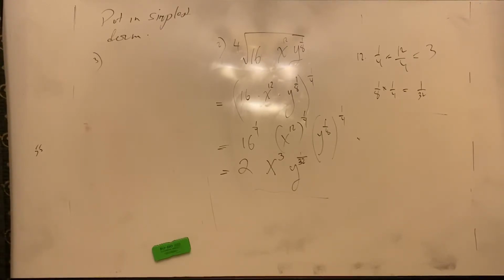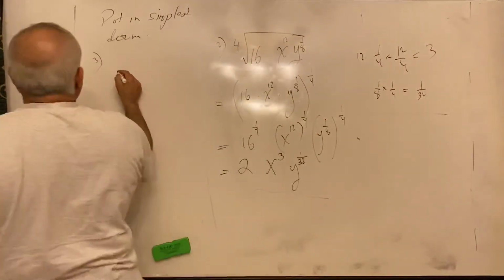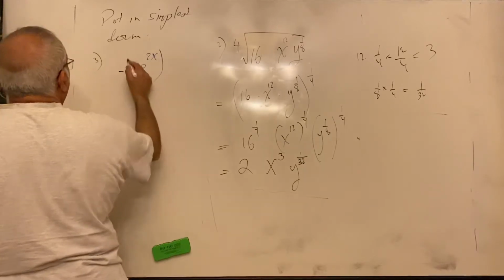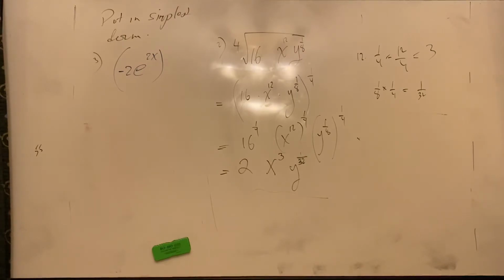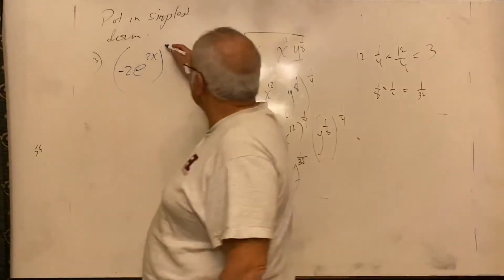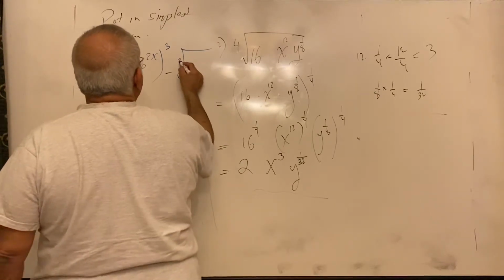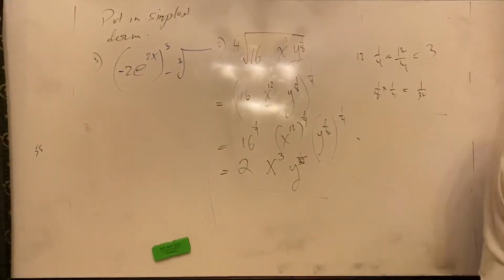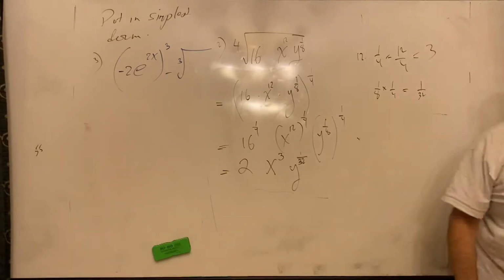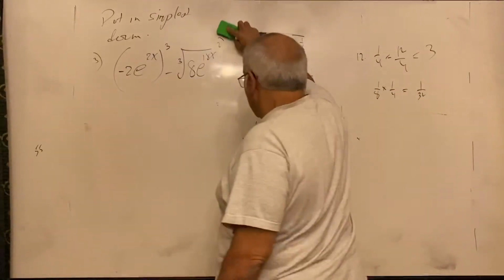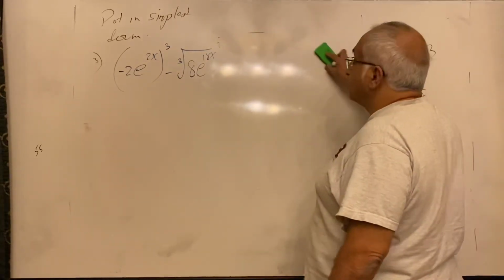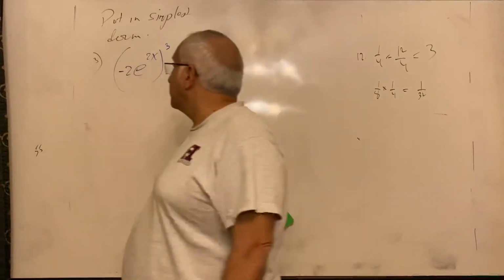That's a good one: minus 2e to the power 2x, all cubed, minus the cubic root, or the third root, of 8e to the power 18x. Let's try to simplify that. We already have all the rules in our hand.